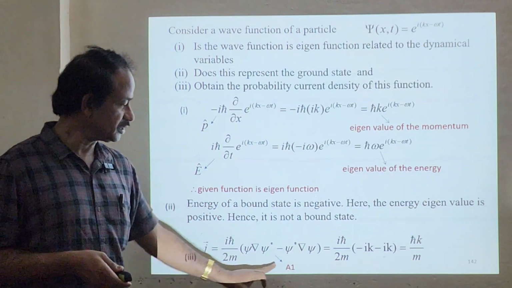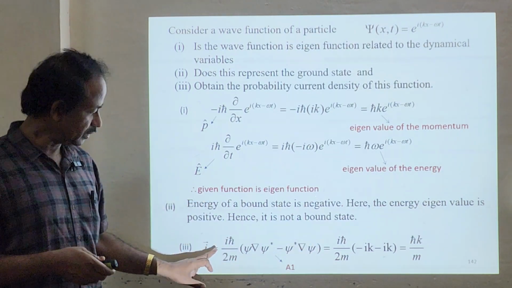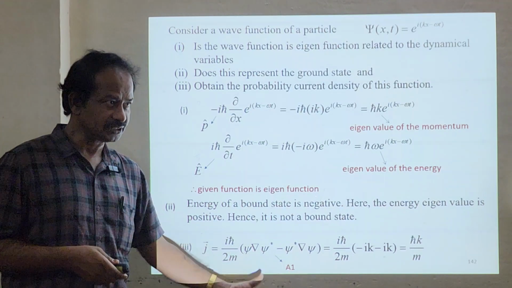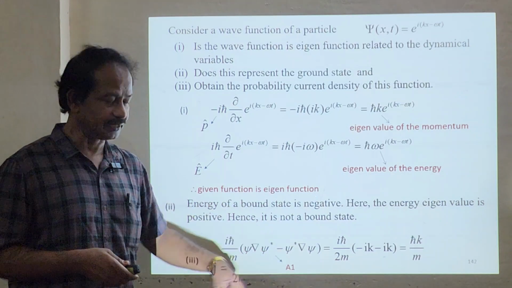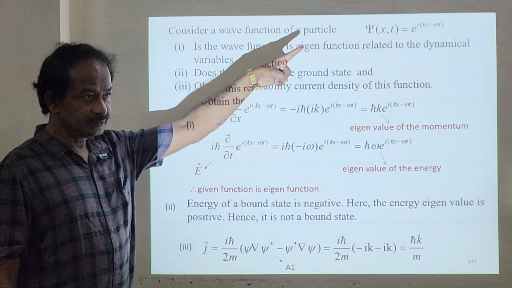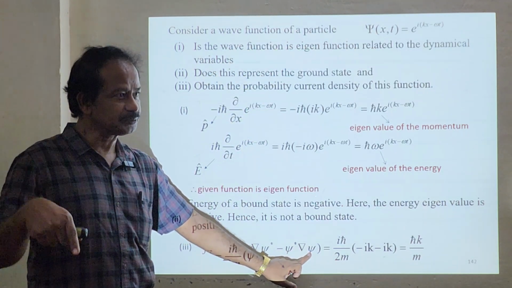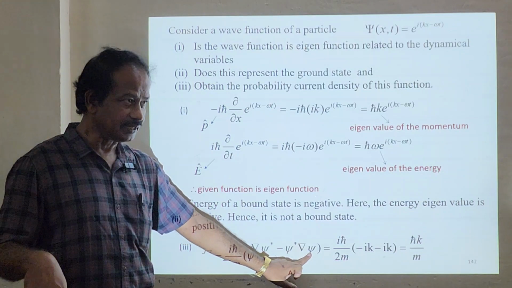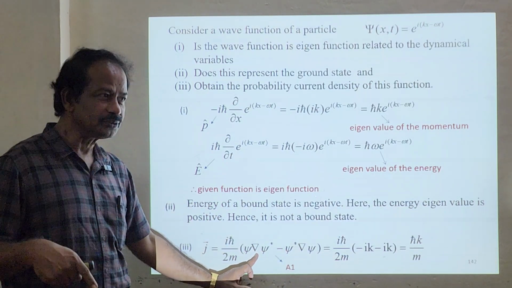So we know already the expression for current density is given by this. Already we learnt earlier. Okay, current density is given by this expression: psi del psi star minus psi star del psi. So this will be your assignment. Psi is given, correct? You find out del psi, differentiate with respect to x. You just take the complex conjugate of the wave function and differentiate with respect to x.